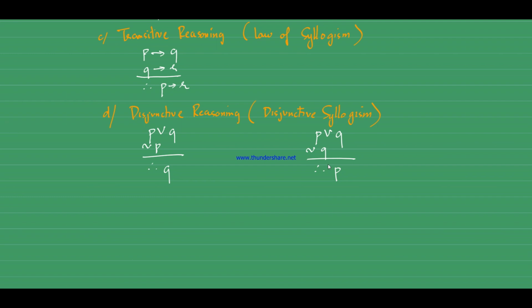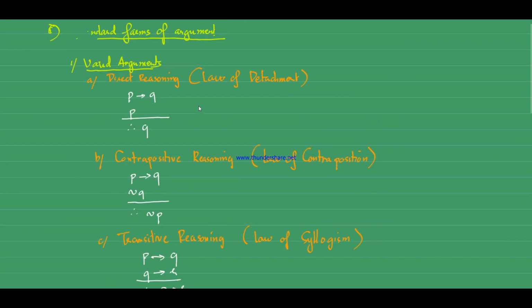So disjunctive reasoning has two forms. Okay, so that is the valid argument.